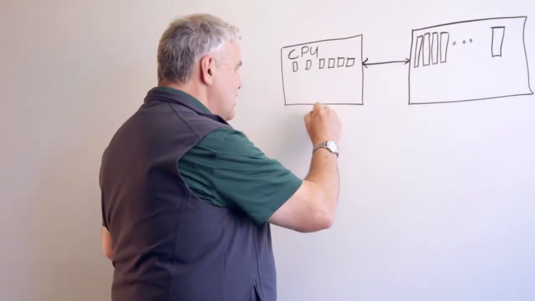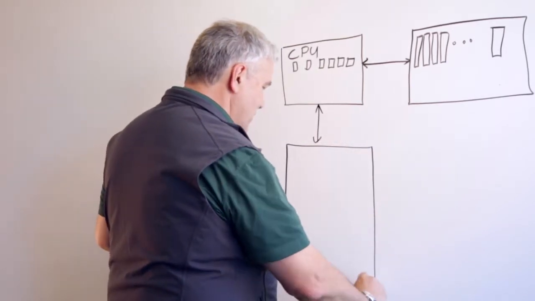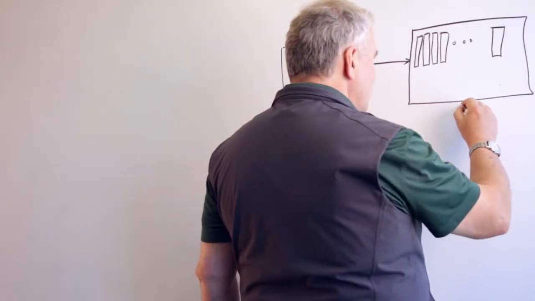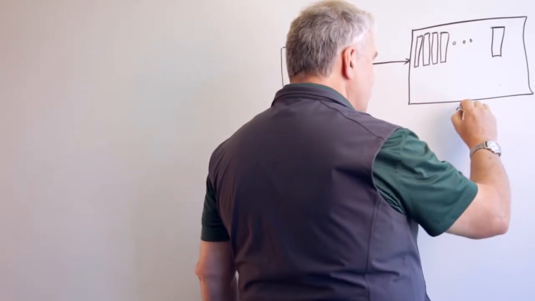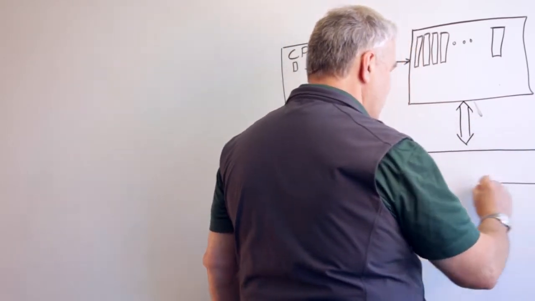The CPU has a very large system memory, many gigabytes. The GPU is attached to a smaller but higher bandwidth device memory.